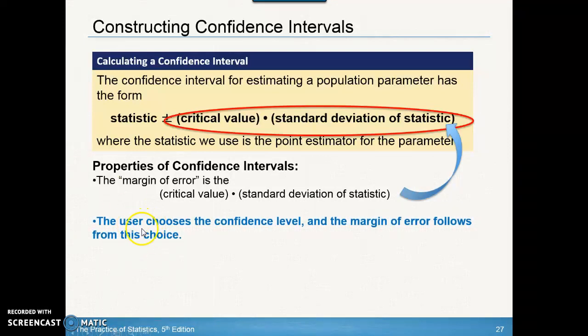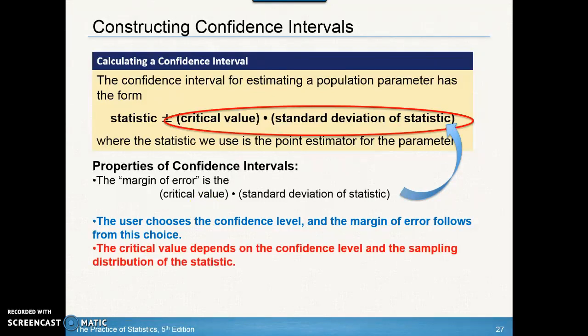So you, as the statistician, choose the confidence level, all right? And the margin of error follows from this choice. So do you want a big margin of error or a small margin of error? Because that critical value comes from your standard normal curve. That comes from your curve, and that is going to tell you whether or not you have a wide confidence interval or a more narrow confidence interval.